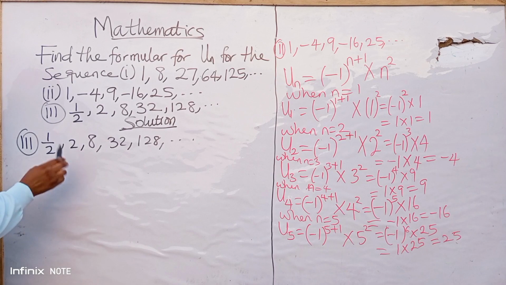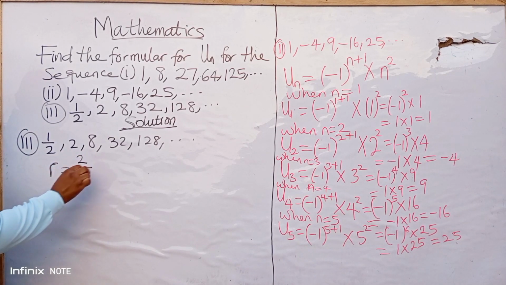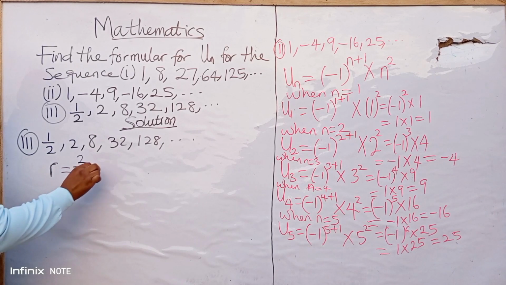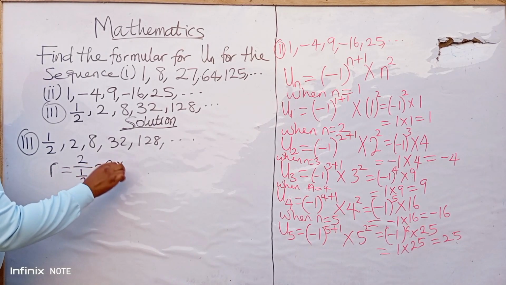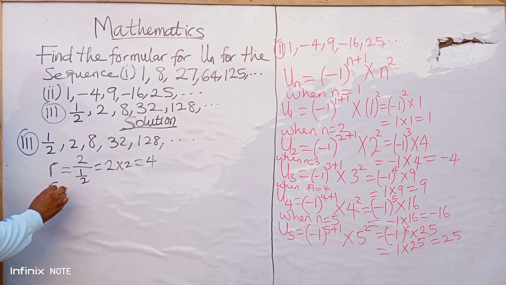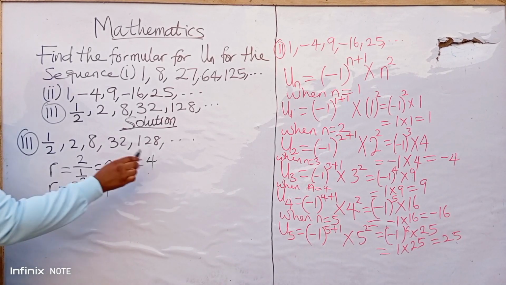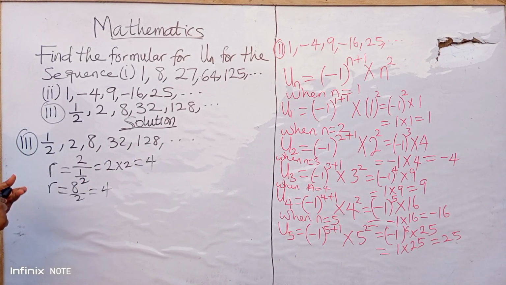The common ratio will be the second term divided by the first term, which is the same thing as 2 multiplied by 2, and it is equal to 4. You can still find your common ratio by finding 8 divided by 2, which is 4. So our common ratio here is 4.